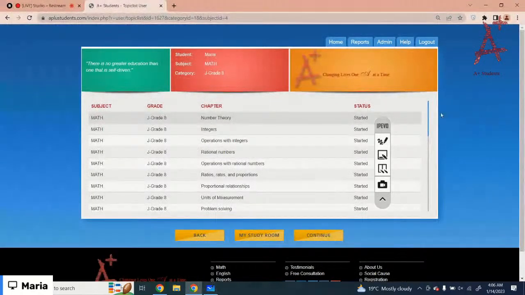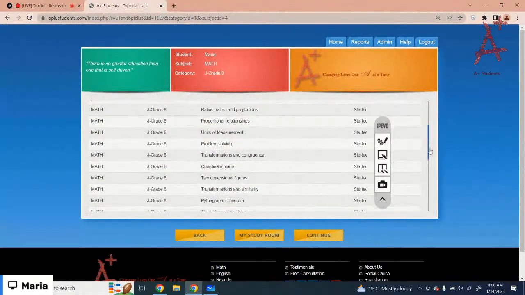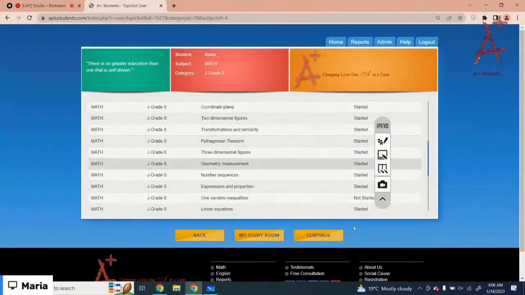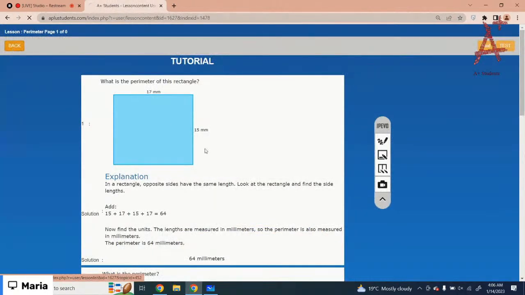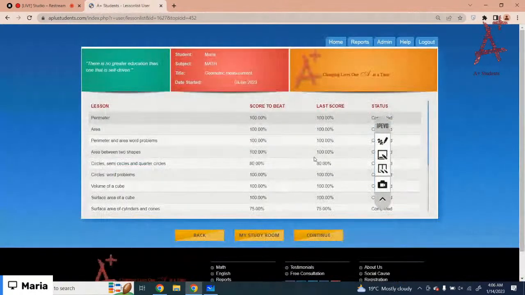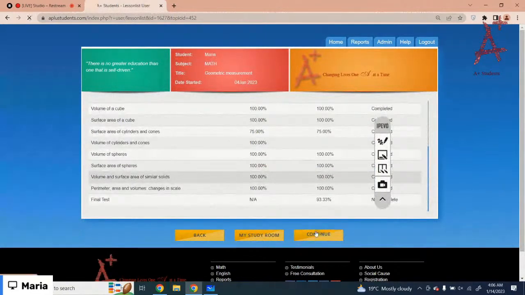Here I'm on grade 8 maths. Let me just find the chapter, that is geometric measurement. Here it is. The lesson I'm going to start with is area and volume of similar solids. Okay, here is the lesson. Let's just start with the lesson.